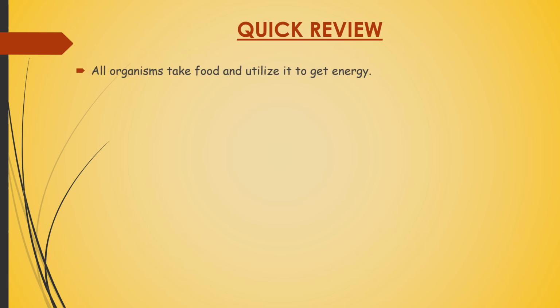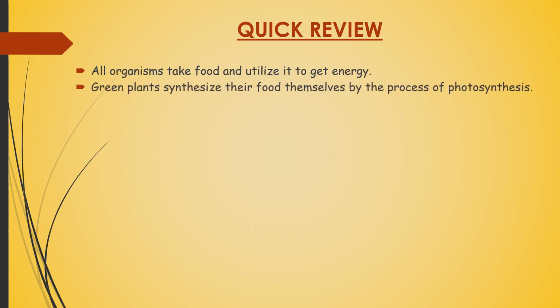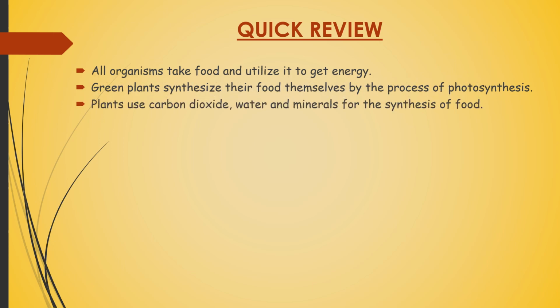So, our chapter is over. Let's take a quick recap. All organisms take food and utilize it to get energy. Green plants synthesize their food themselves by the process of photosynthesis. Plants use carbon dioxide, water, and minerals for the synthesis of food.